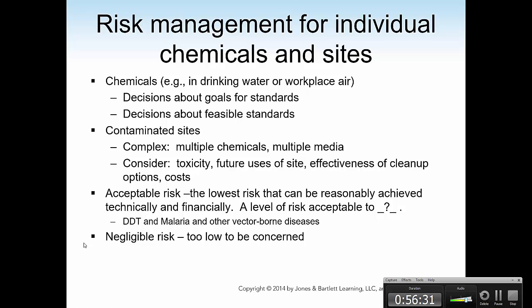But again, if you do have a contaminated site, there's a lot of things that you have to worry about. The problems are complex. A lot of times you could have multiple chemicals.